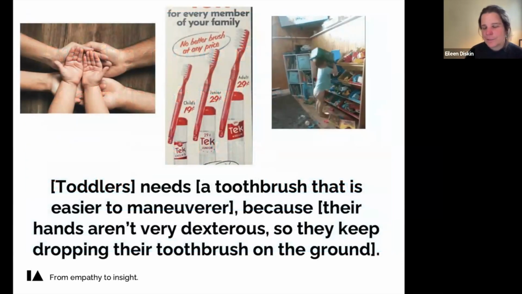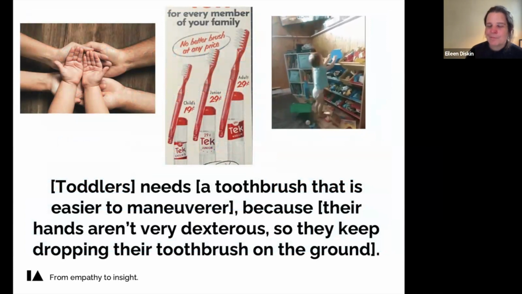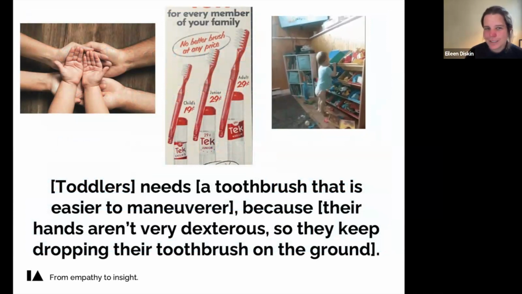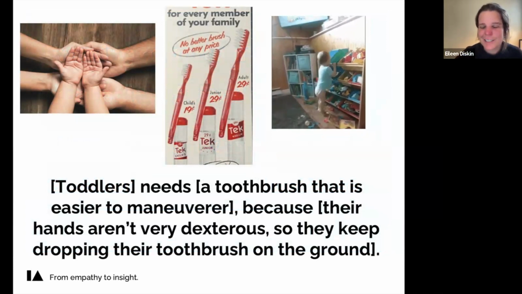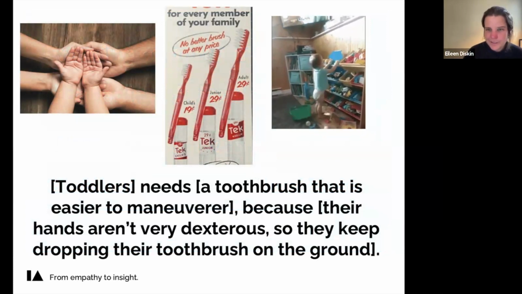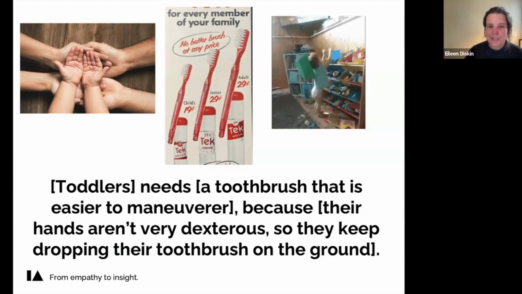I think if we reflect back to module 1, the example that we started this with, the toothbrush for a toddler, a problem statement, a point of view statement that could have been created in relation to this is that toddlers need a toothbrush that is easier to maneuver because their hands aren't very dexterous and they keep dropping their toothbrush on the ground.